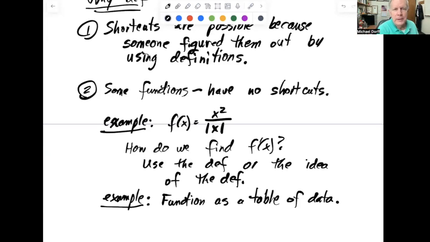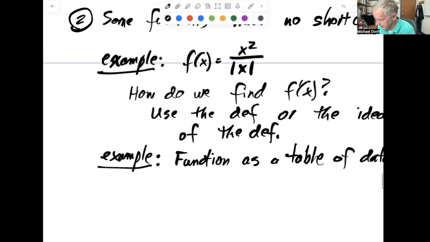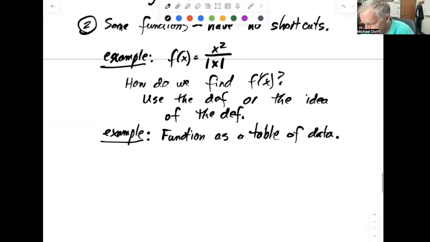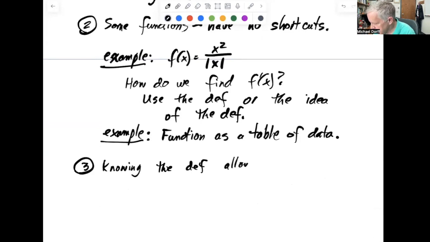All right, we can only figure those out by using the definition of the derivative. And then finally, a fun fact is that knowing the definition of the derivative allows people to apply the idea to new settings.